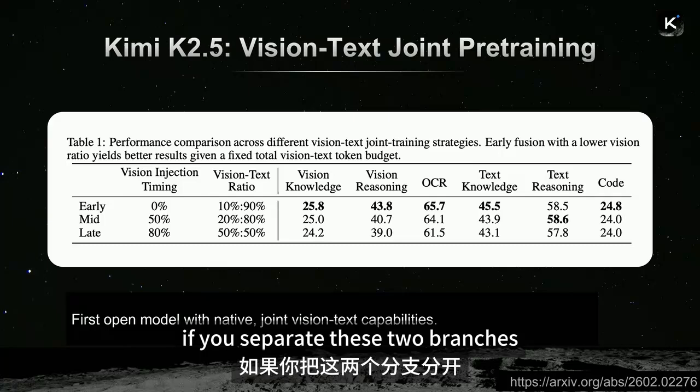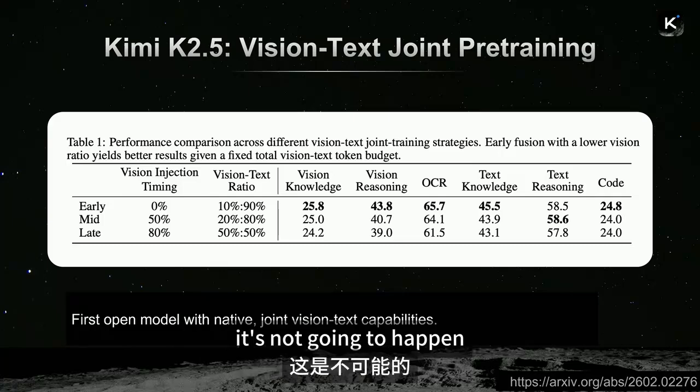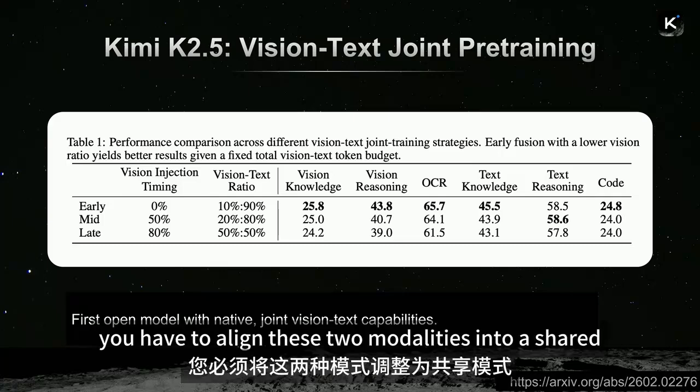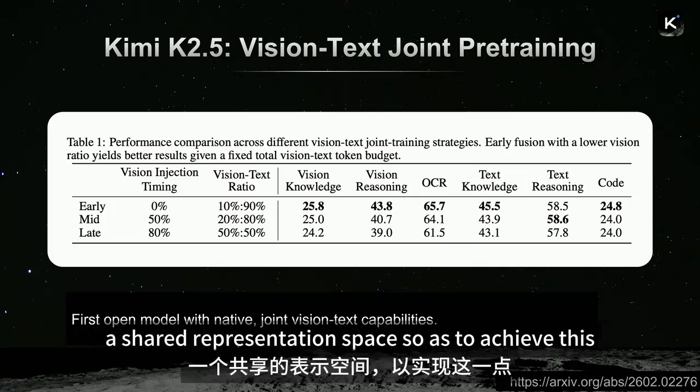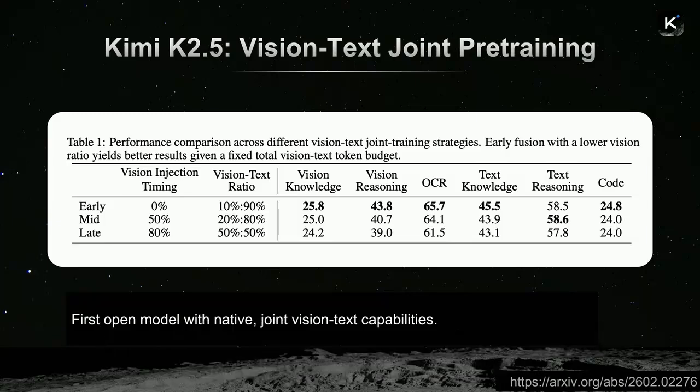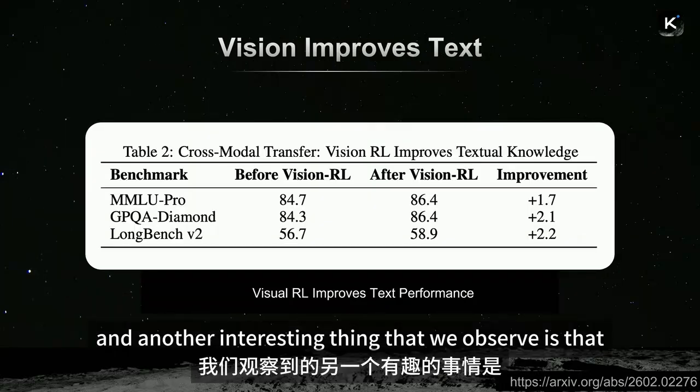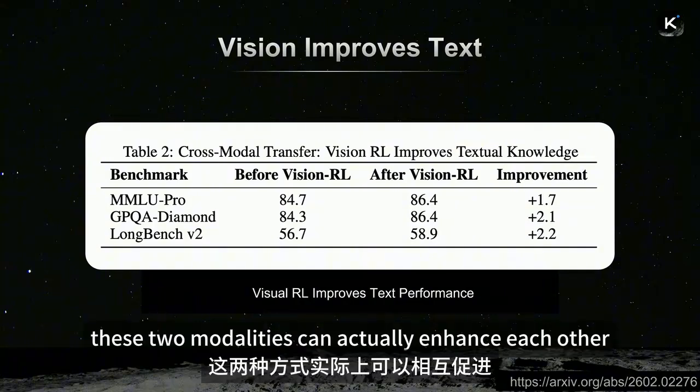If you separate these 2 brains, it's not going to happen. You have to align these 2 modalities into a shared embedding space, a shared representation space, so as to achieve this. And another interesting thing that we observe is that these 2 modalities can actually enhance each other.